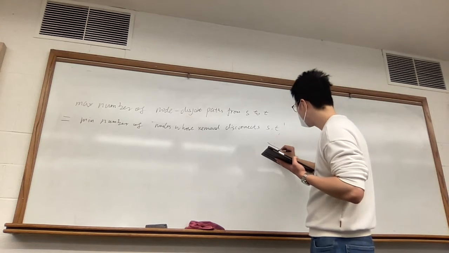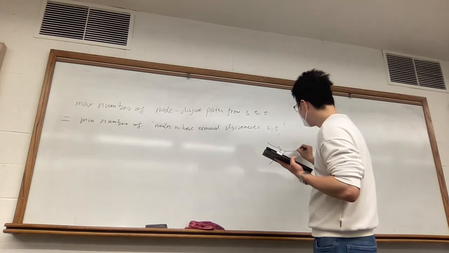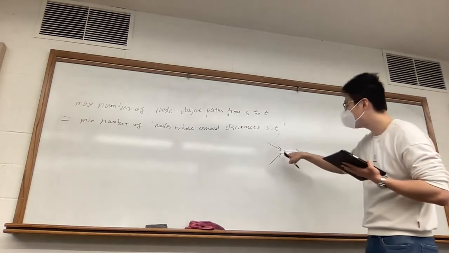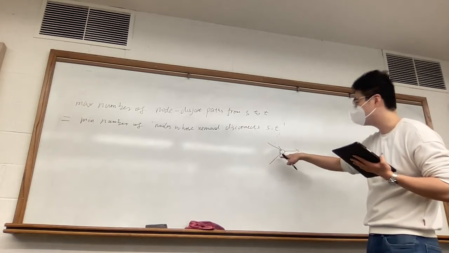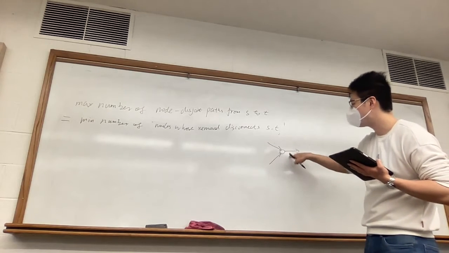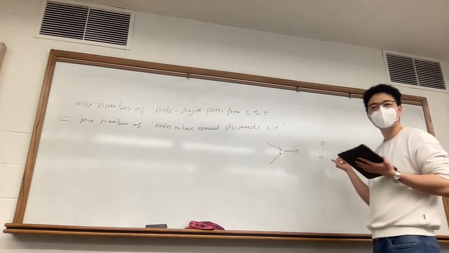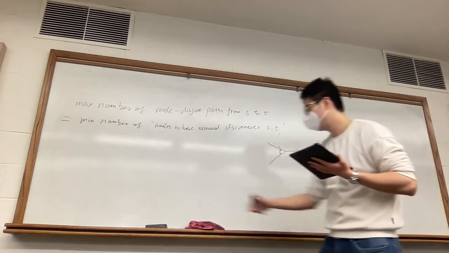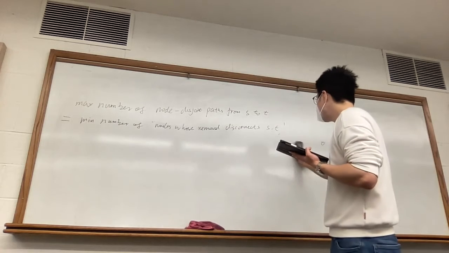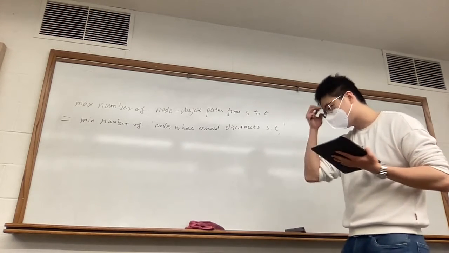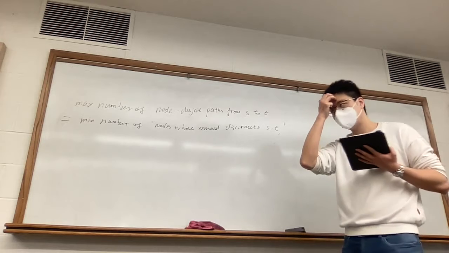Suppose this is a node originally. Then how can you convert it? If there are 3 arcs, then it becomes 3 nodes. You cannot do it, right? So I give you a hint to do a network transformation using one technique that I introduced last week.